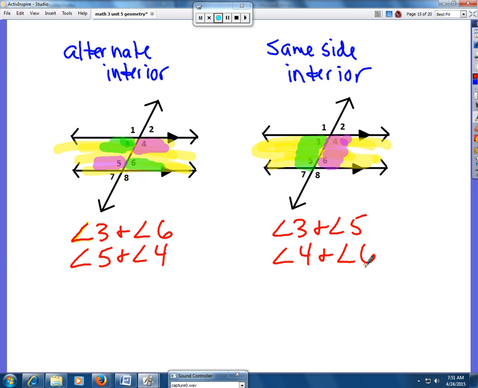So what is the relationship? 4 and 5 are congruent, 3 and 6 are congruent, and same side are supplementary.